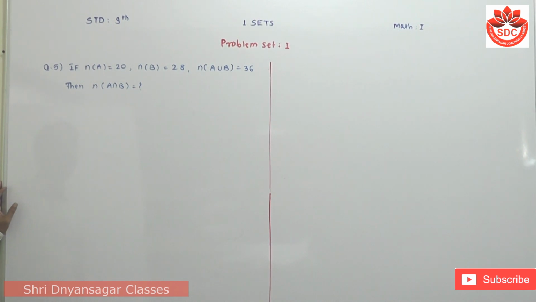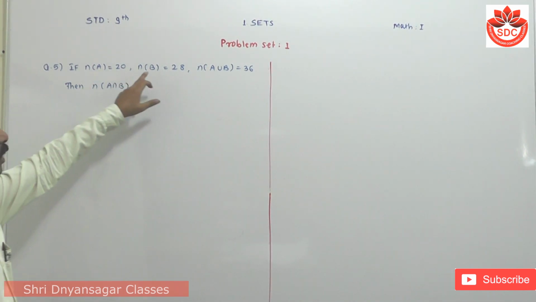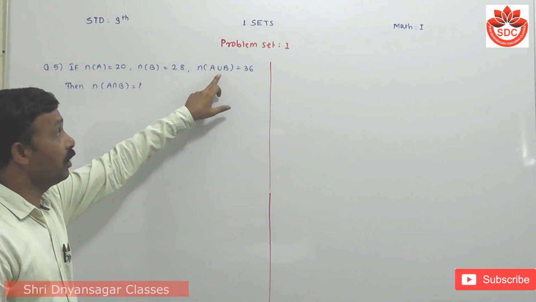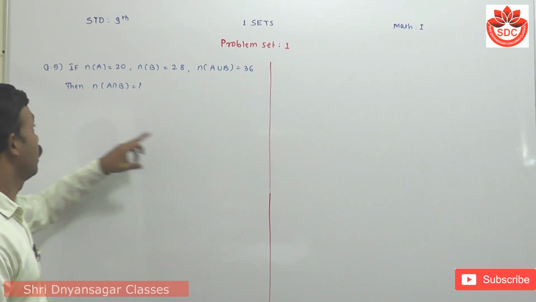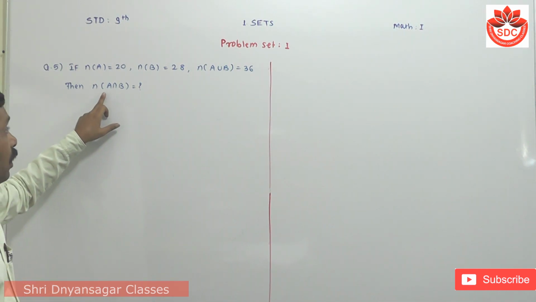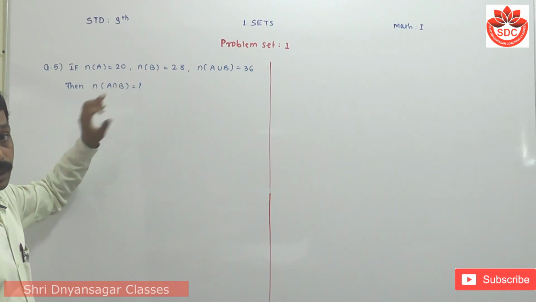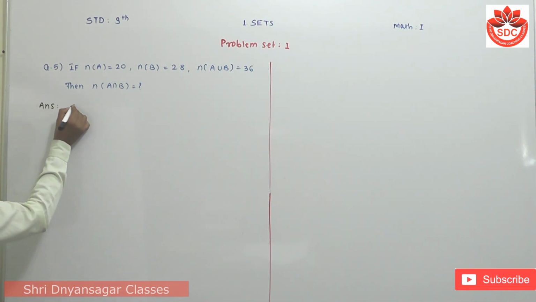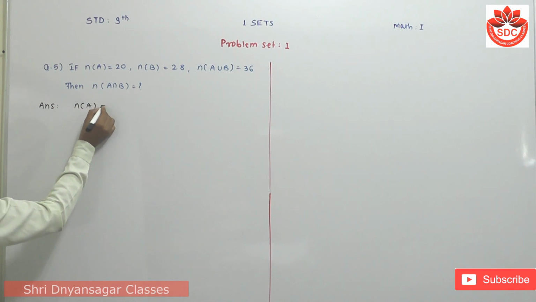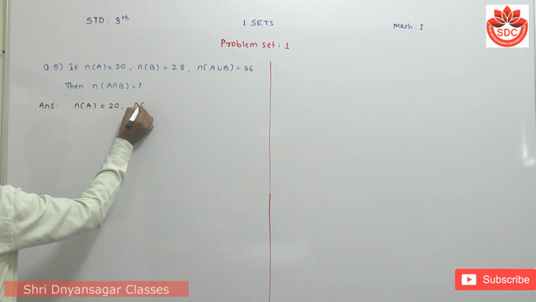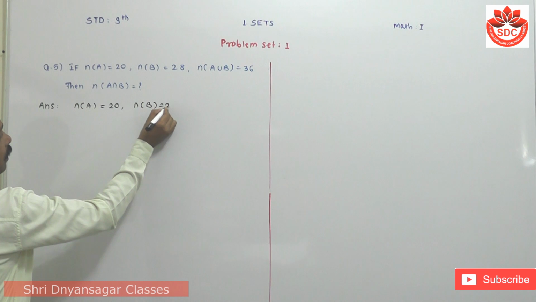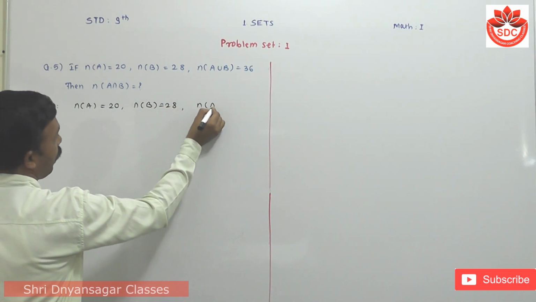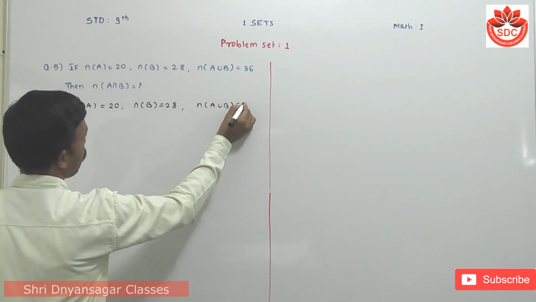Question number 5 is, if n of A is 20, n of B is 28, n of A union B is 36, find n of A intersection B. Student, here the given is that n of A is 20, n of B is 28, n of A union B is 36.